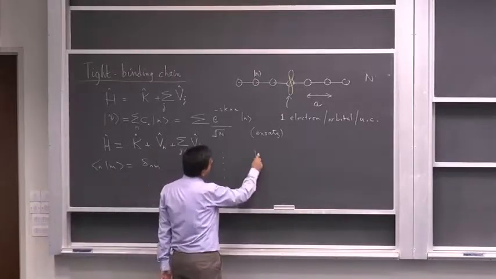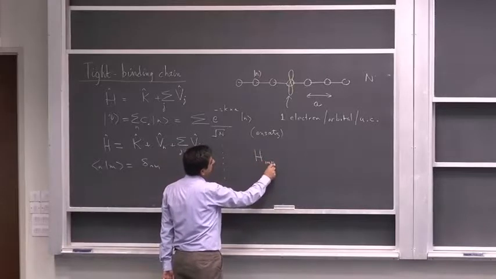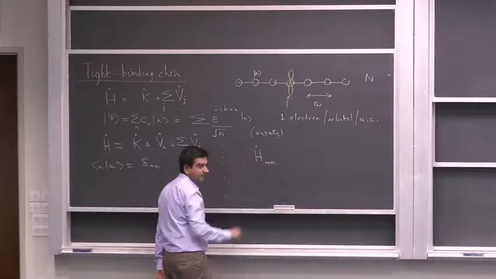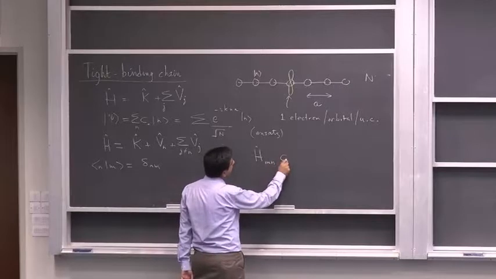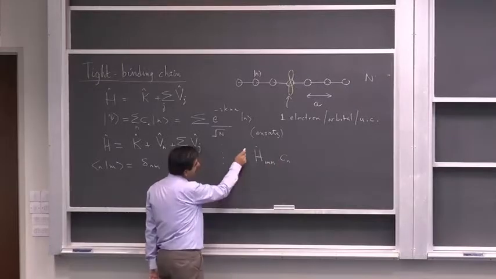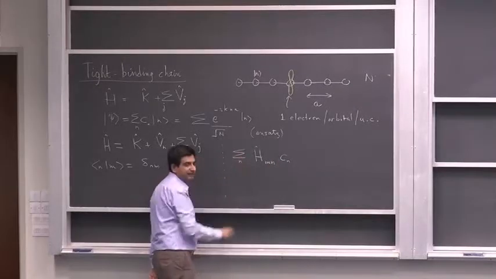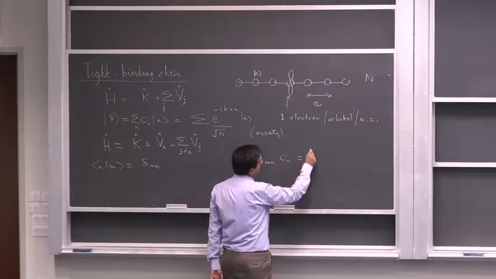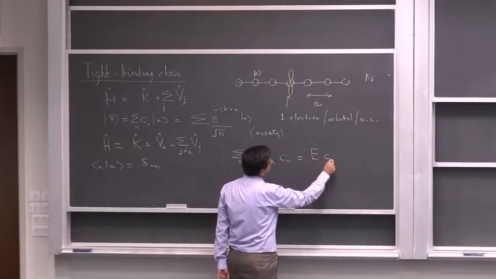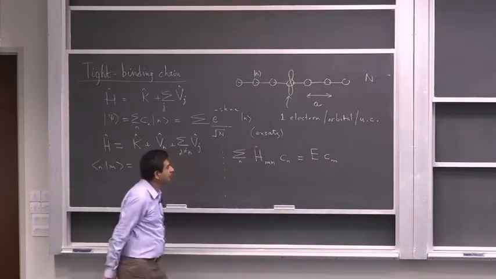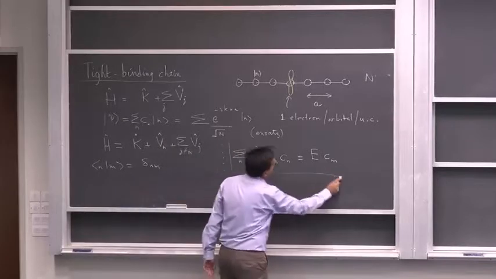And we know that the Schrödinger equation is given by the sum over n of H_mn, which is a matrix element of the Hamiltonian, acting on C_n, which will give us the energy times C_m. So this is the Schrödinger equation that we would like to solve.